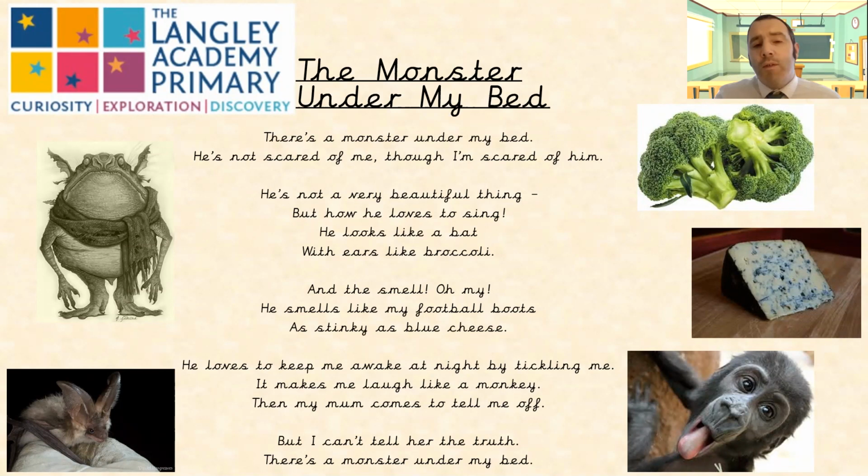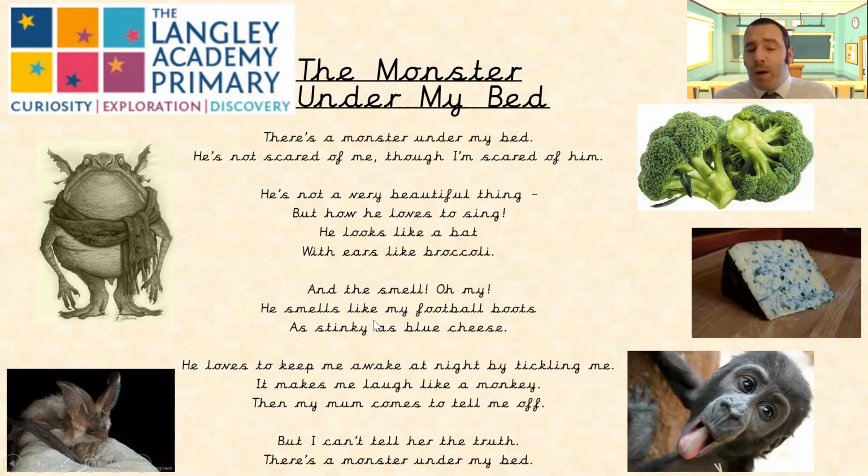So as we go through, we've got plenty of similes in here. If we look at the second verse, he looks like a bat with ears like broccoli. So we've got both of those in there using the word like. The third verse, the smell, oh my, he smells like my football boots.